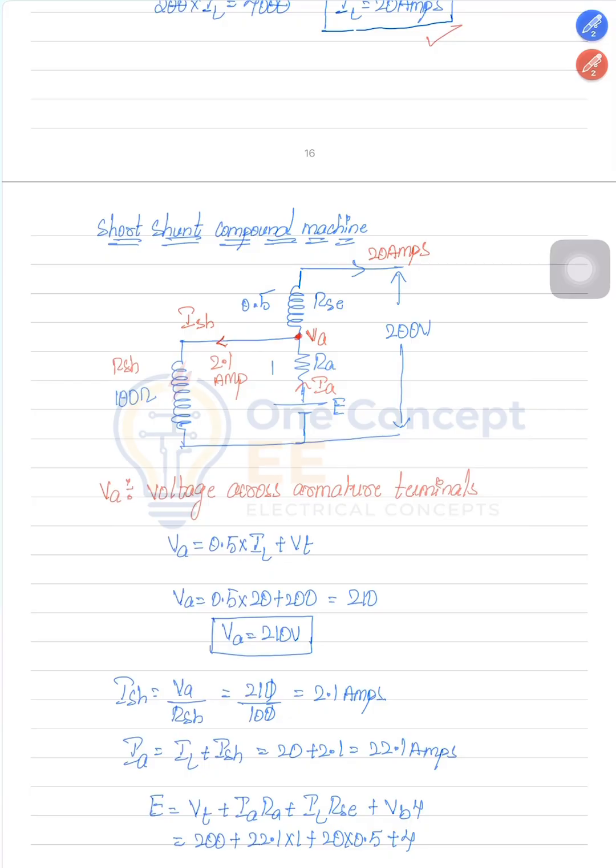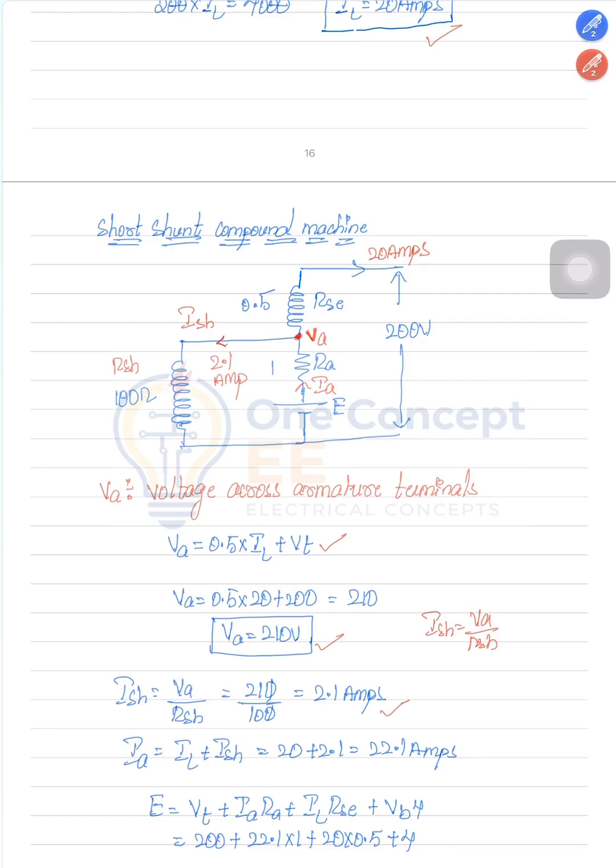By doing some basic KVL, we get VA equals 0.5 into IL plus VT. By substituting IL and VT, we get a voltage VA of 210 volts. After finding VA, we find the current through the shunt field resistance, which is VA by RSH. Then the shunt field current is 2.1 amps.